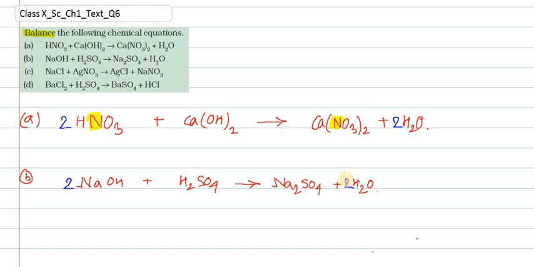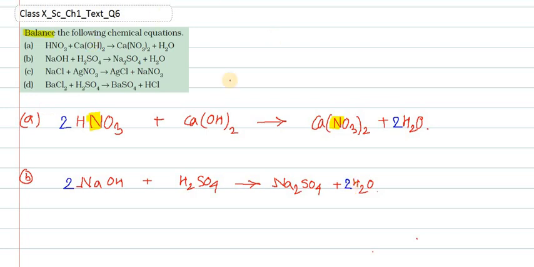Now the right hand side also has 4 hydrogen, and the left hand side has 4 hydrogen. Now what about the oxygen atoms? On the left hand side we have 6 oxygen atoms, and on the right hand side also 6 oxygen atoms. That means this equation is balanced.